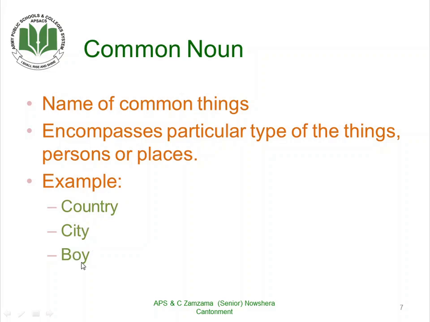City or boy, it can be any country, any city, any boy, any girl, something like that. And keep this in mind that we do not need to use capital letters for common nouns when they are mentioned in a sentence.